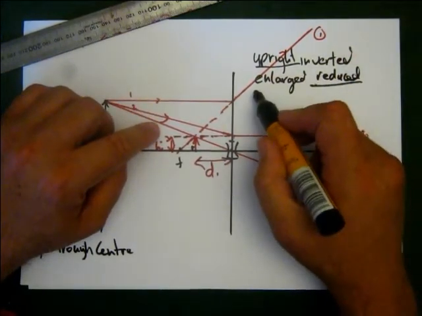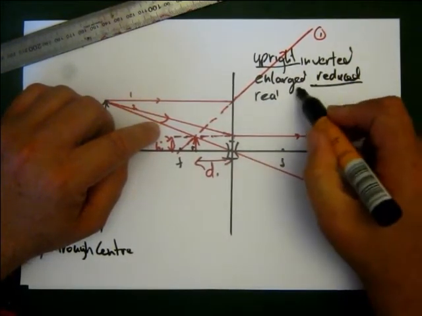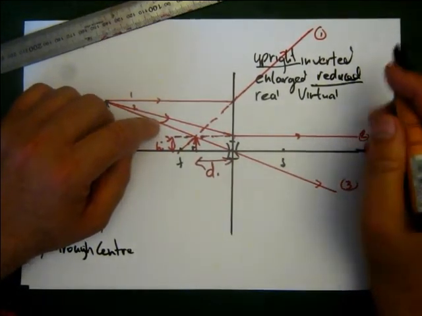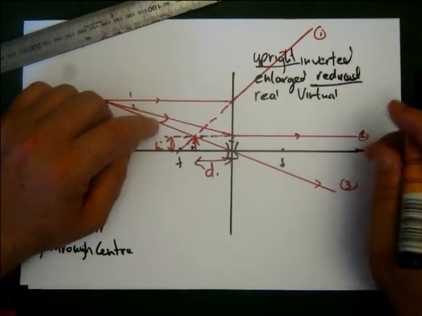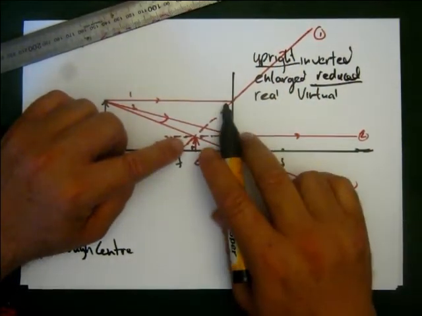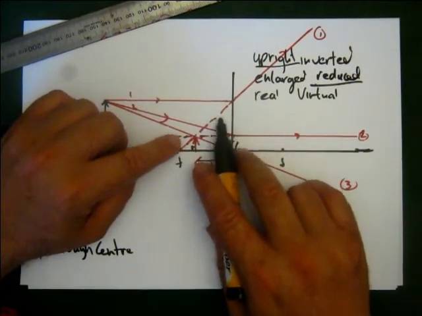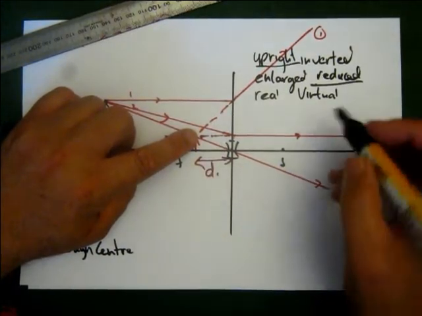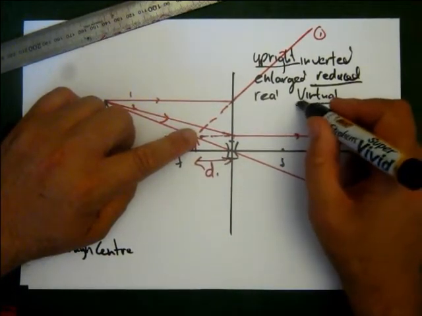And then real or virtual. The thing here is that if I'm trying to put a piece of paper anywhere, I can't put it there. I have to backtrack these lines. These are not real rays, therefore it is going to be virtual.